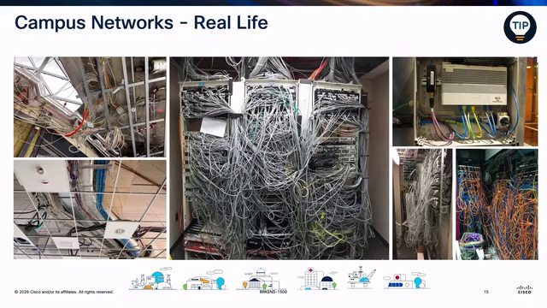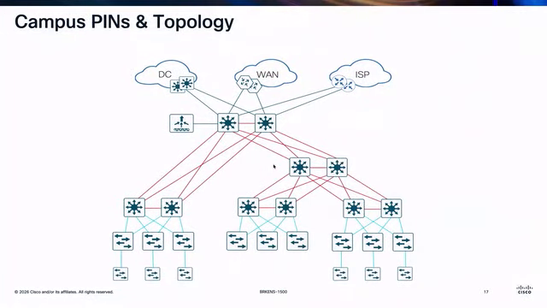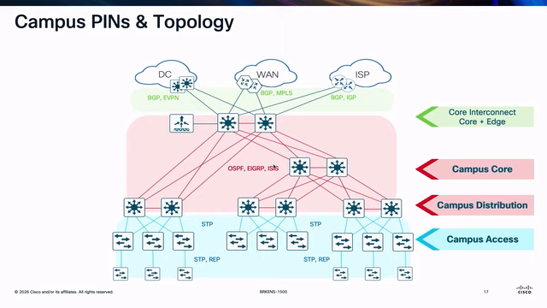So once we have the fundamentals of the campus off the table, let's talk quickly about the places in a network. And what do we mean by the places in a network? In a multi-layer campus architecture, we differentiate three logical layers: access, distribution, and core. We can extend or add additional responsibilities to each of these layers.